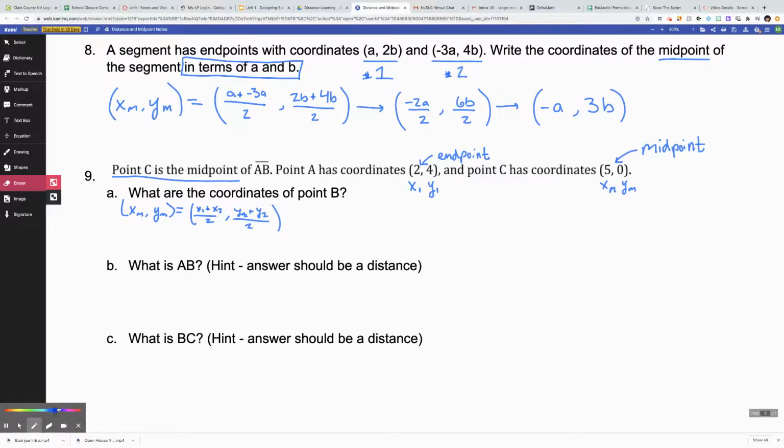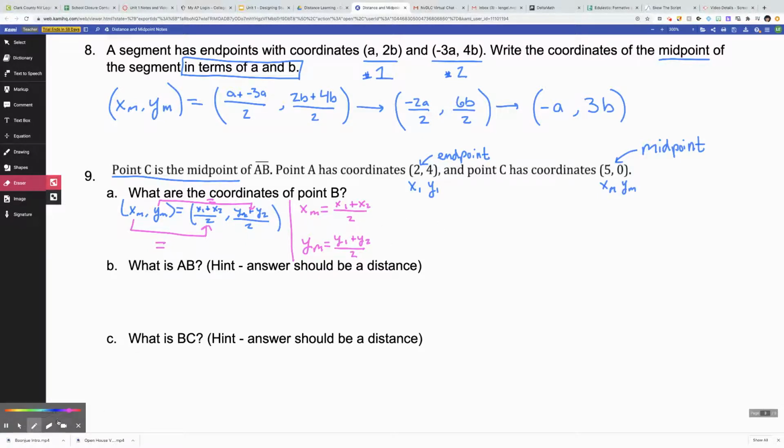And so remember that what that actually means is that xm is equal to this formula right here, and ym is equal to this formula right here. So really xm equals x1 plus x2 divided by 2, okay? And ym equals y1 plus y2 over 2.